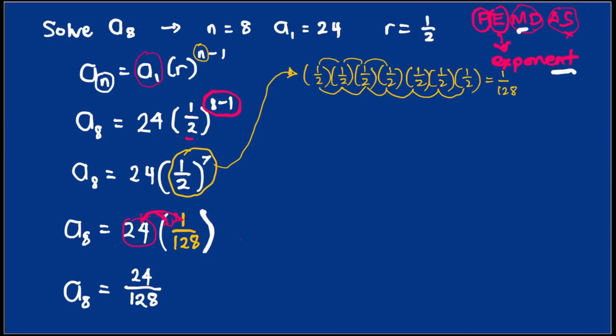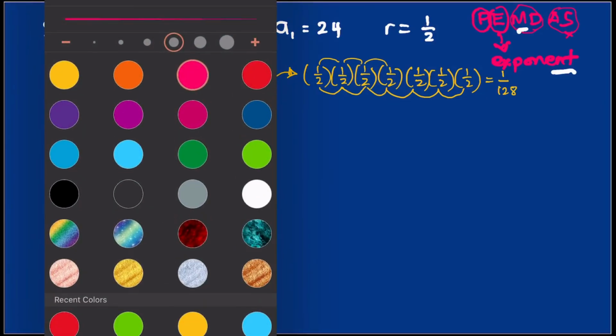Pero syempre, if kaya mo naman ng 4, why not 4? Since 24 and 128 are divisible by 4. Why not try by 8? So, i-divide natin ng by 8.